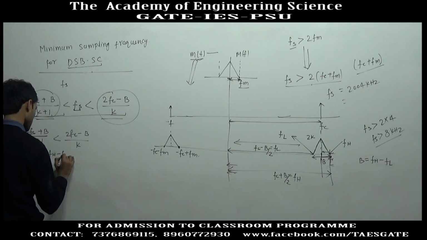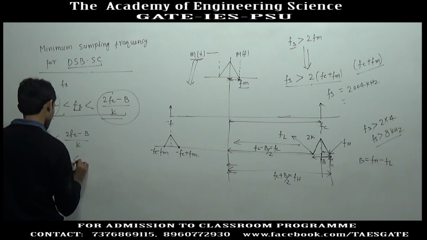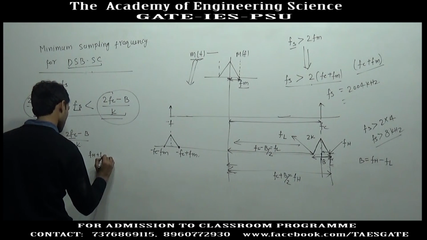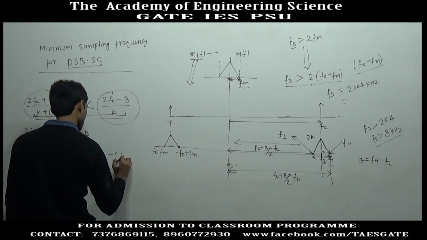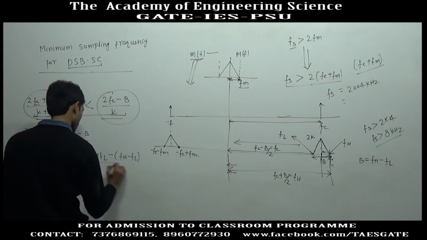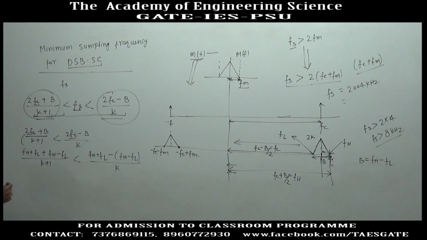So, (fh plus fl) minus (fh minus fl), divided by k plus 1, must be less than this: fh plus fl minus (fh minus fl), divided by k. We want to maximize k.